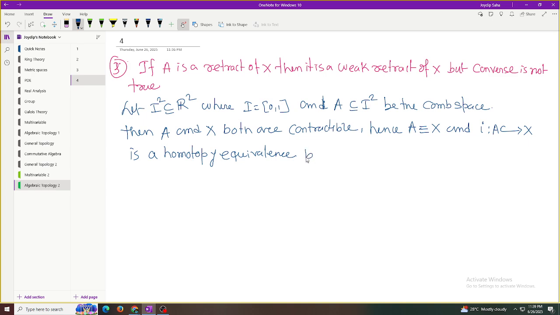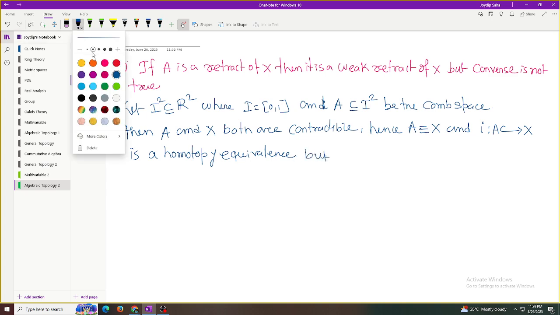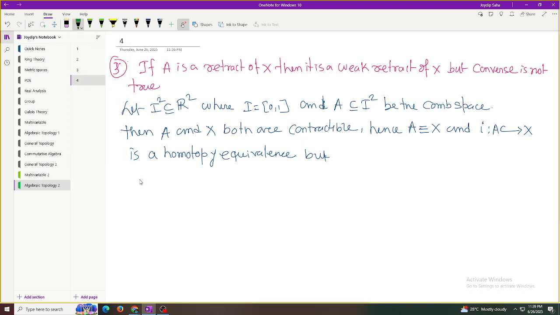But the comb space is not a retract of I squared.